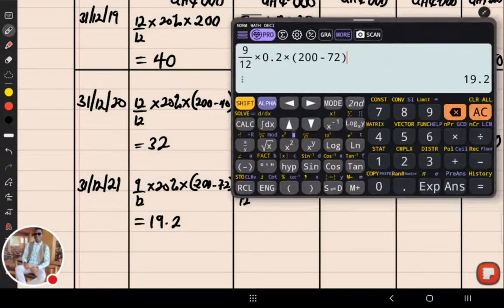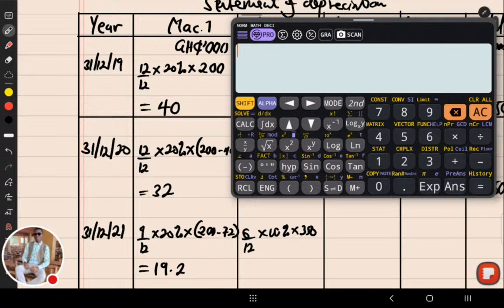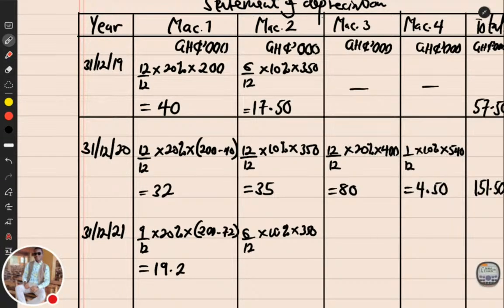Here to do the same calculation, we'll have 6 over 12 times 0.5. So 0.5 multiplying 0.1 multiplying 350. So we're going to get 17.5. So here we get 17.5.